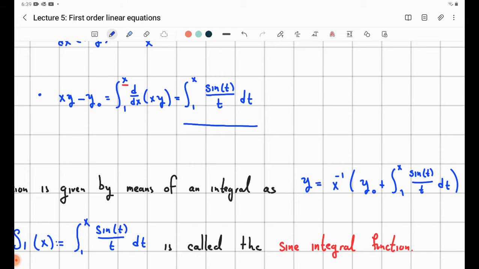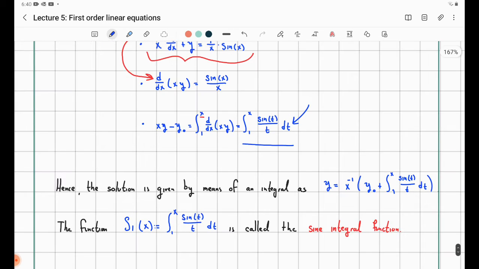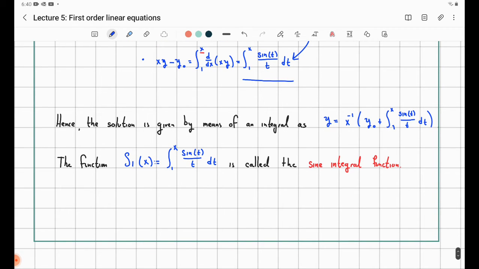You cannot find an expression for this integral. This integral, of course, exists as an integral. We have no problem with the existence of this integral, but we cannot write down an explicit formula in terms of elementary functions. In any case, we can just take this as the definition of a new kind of function.